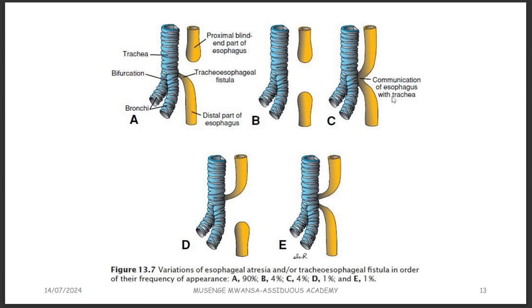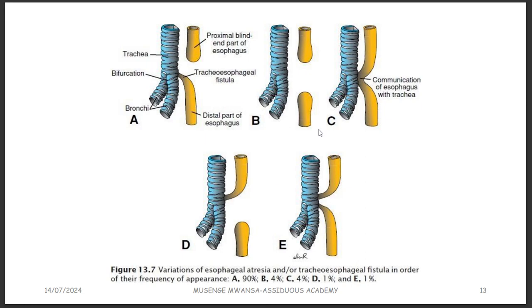Communication of the esophagus with the trachea is going to happen again. You can see the connection gets to happen. That's why when you are eating, the trachea has to close so that food doesn't go there, because there's a connection. Okay, so variations of esophageal atresia or tracheoesophageal fistula in order of their frequency of appearance.